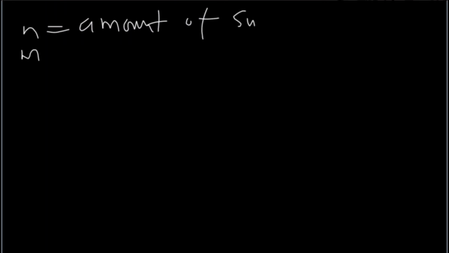So if you want to calculate for moles, which is amount of substance N, you need mass. So this is amount of substance. So this is mass. Then you need molar mass, the one we just learned how to calculate.